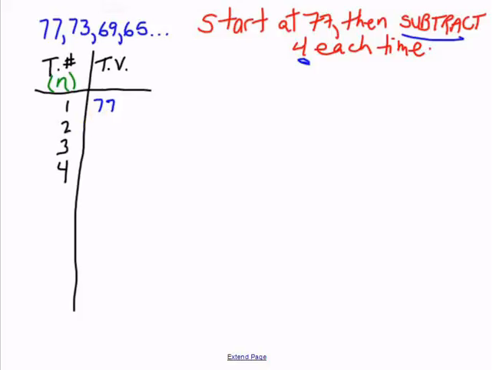Actually, I'm going to just back up here for a second. You'll see why in a minute. I'm going to just give myself a little room at the top of this T-chart. And you'll see why in just a minute. So we start at 77, and we go down 4 each time. There we go.